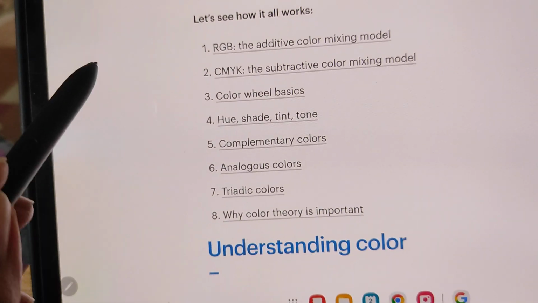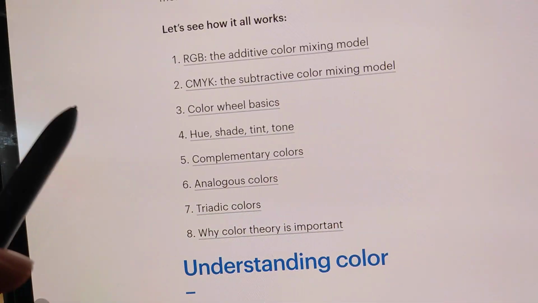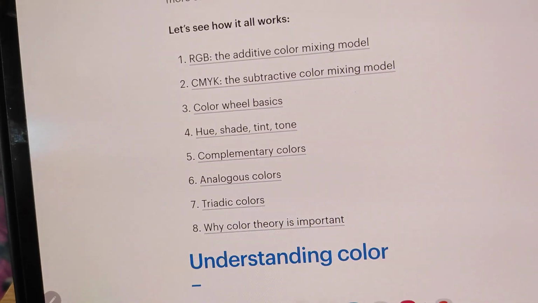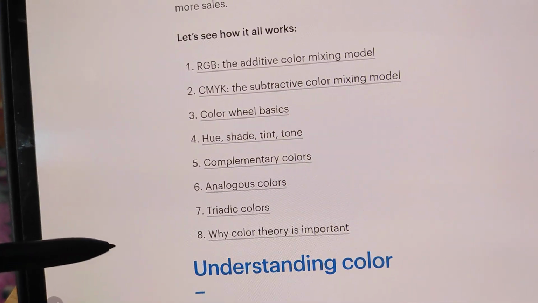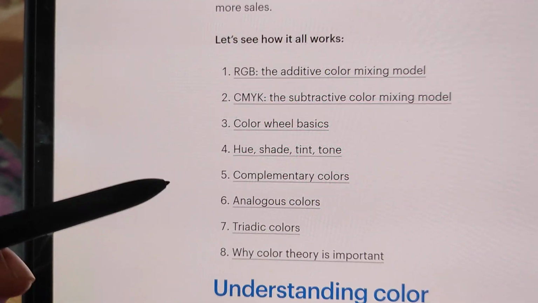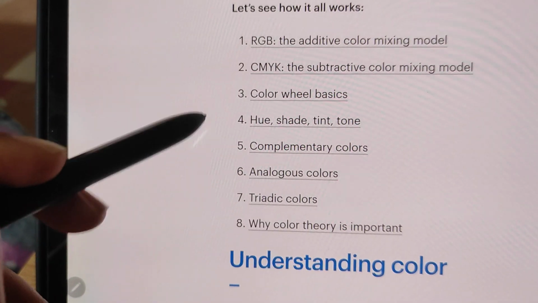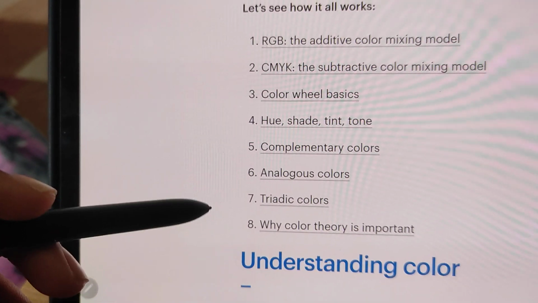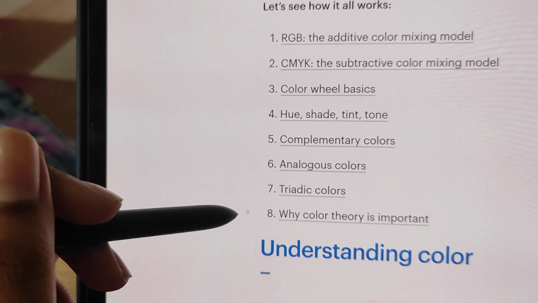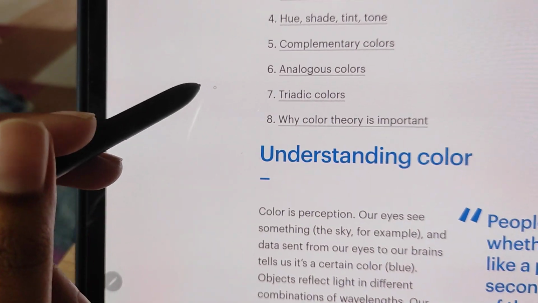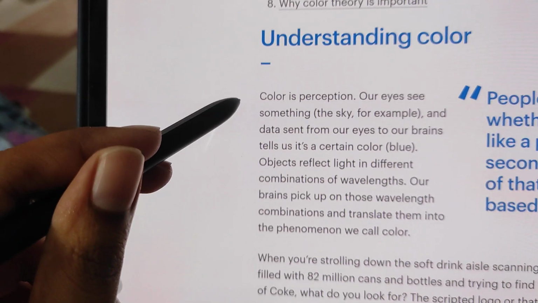First is RGB, red, green, blue, the additive color mixing model; CMYK, the subtractive color mixing model; color wheel basics; hue, shade, tint, tones; complementary colors, analogous colors, triadic colors; and why color theory is very important. Understanding colors is also very important.